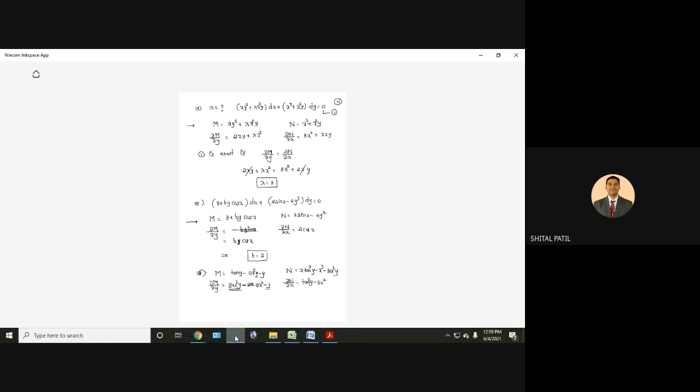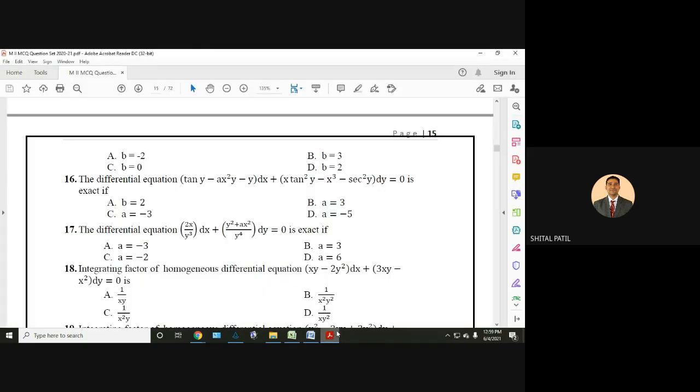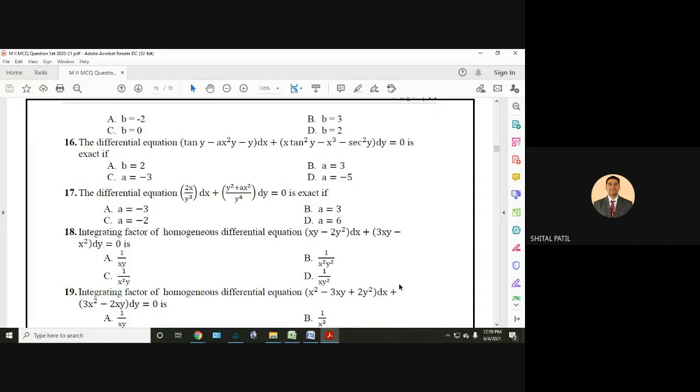Sec square y minus 1, that is, compare these two. A equal to 3. Example number 16. Is it 3 or minus 3? Plus 3, sir. Good. Next.